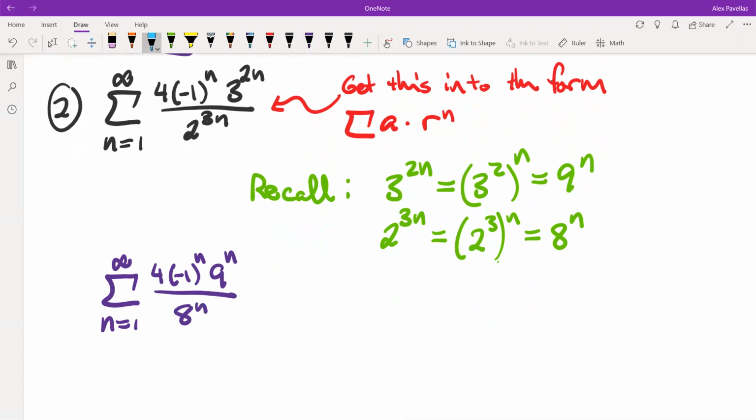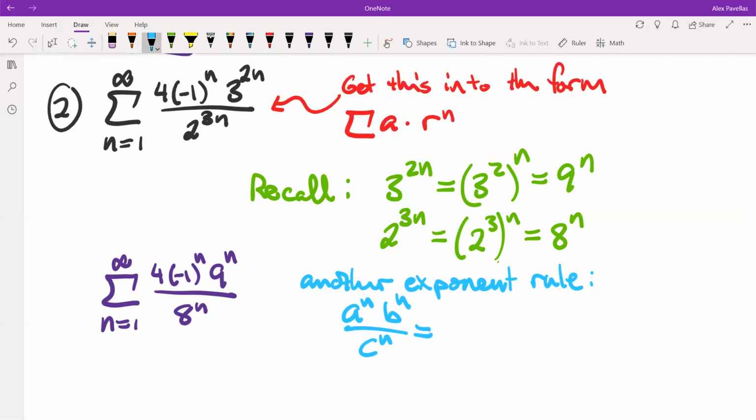Okay, now there's another exponent rule that might be useful here. If I have a to the n times b to the n divided by c to the n, that's the same thing as ab over c raised to the n.